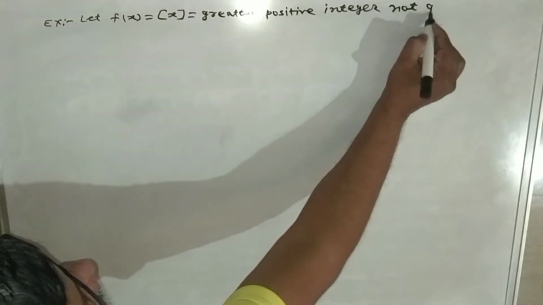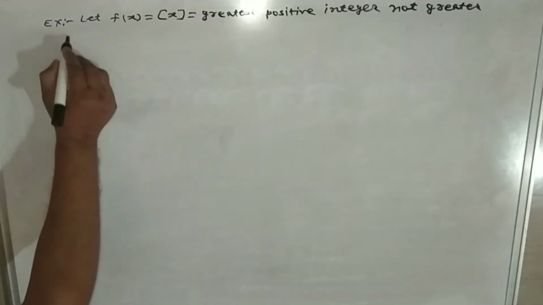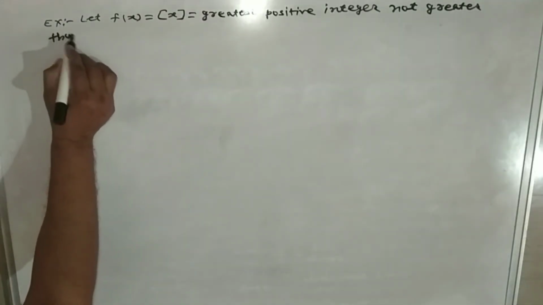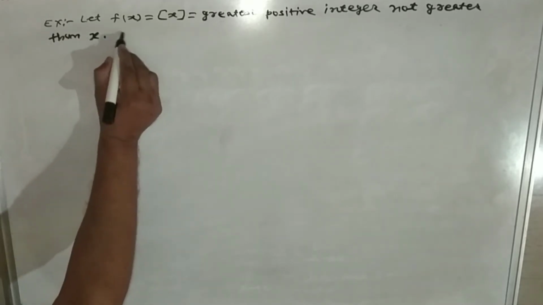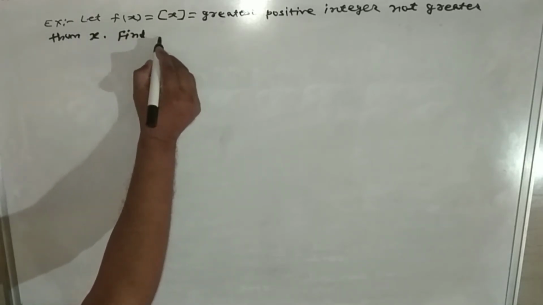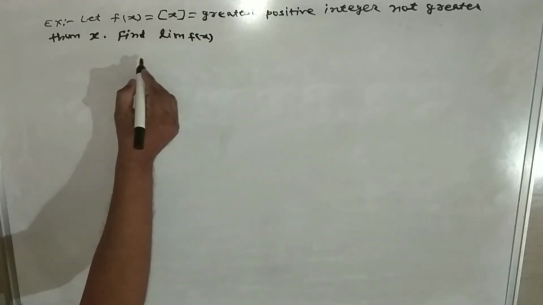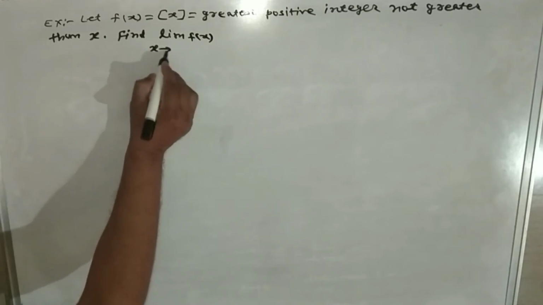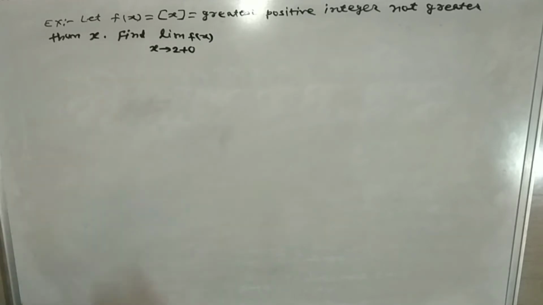Find the limit of a function f of x as x tends to 2 plus 0, that is the right hand limit of f of x as x tends to 2.